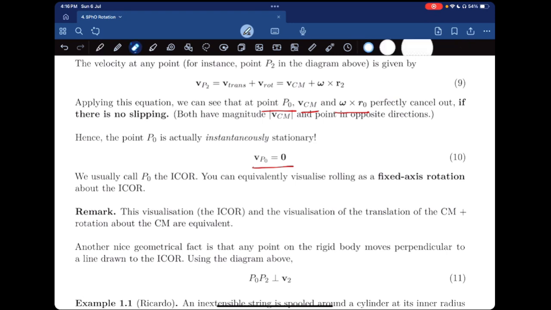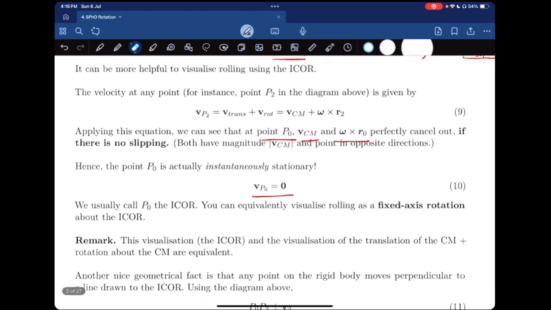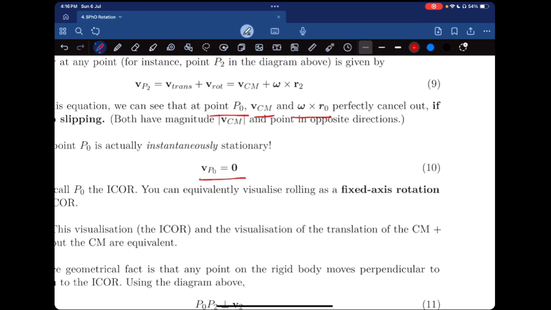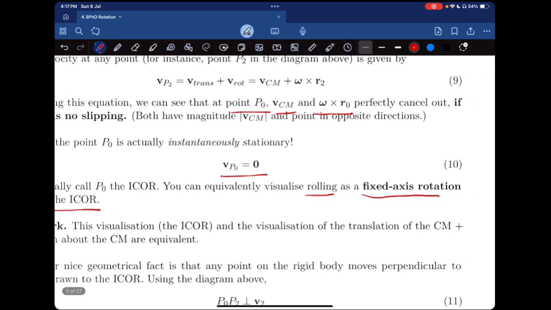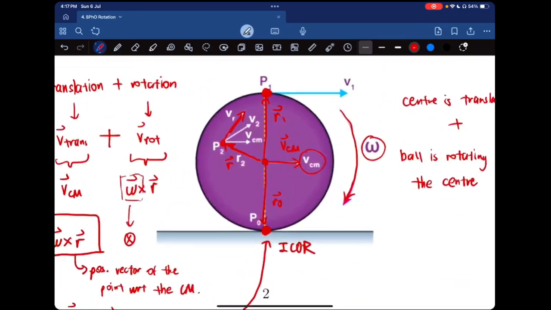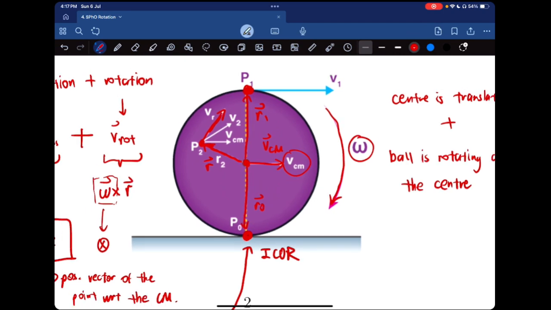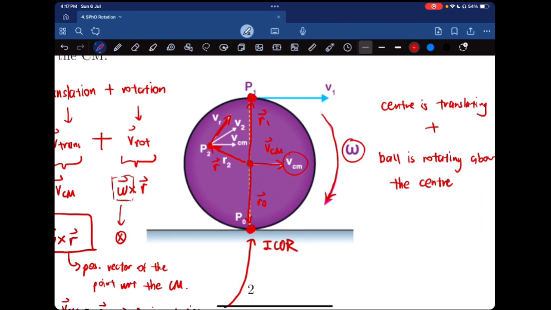So why is the I-core useful? This is useful because it gives another way for you to visualize rolling. Rolling can actually be viewed as a fixed axis rotation about the I-core. So instead of what I said just now, where we view the rolling as the translation of the CM and the rotation about the CM, you can now see rolling as having an axis through here. So imagine an axis through this point, and the whole ball rotates only about this fixed axis.